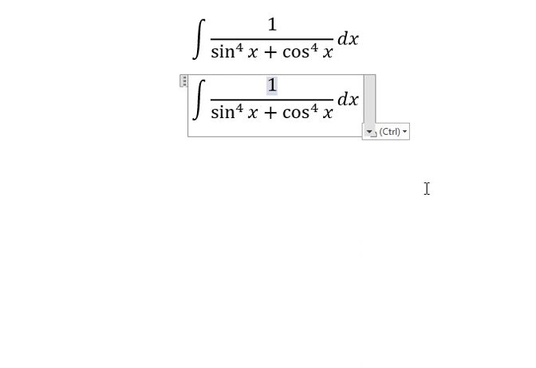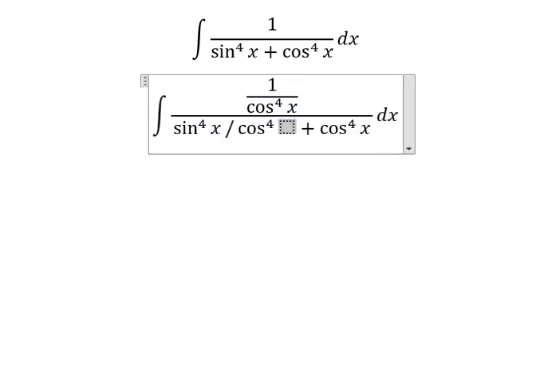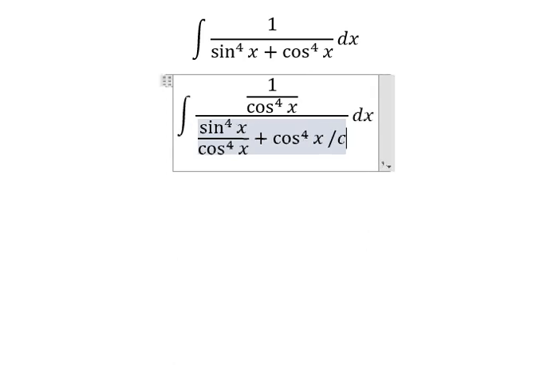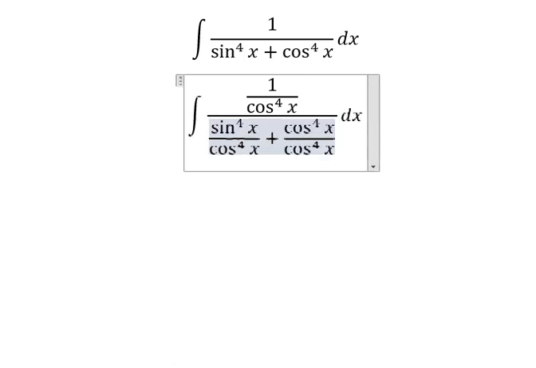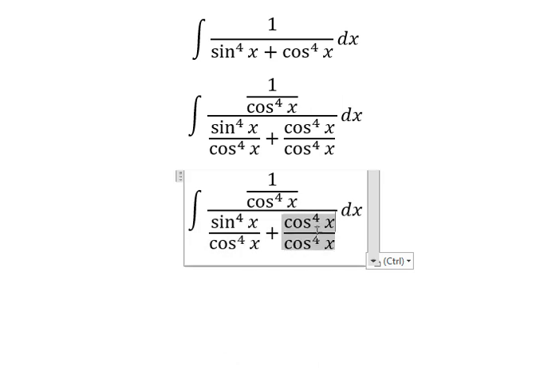We need to divide by 1 over cosine x to the power of 4 on numerator and denominator. So this one we have number 1.